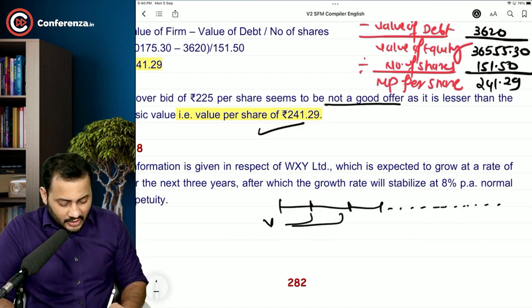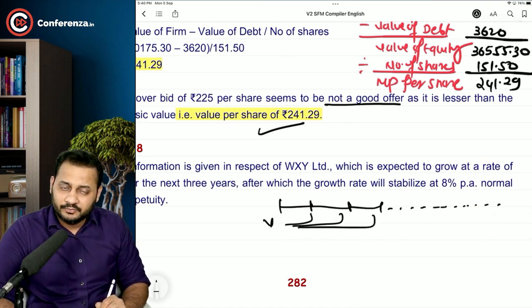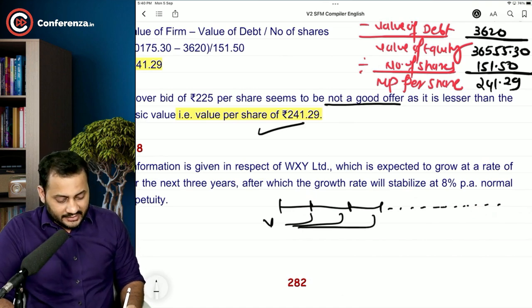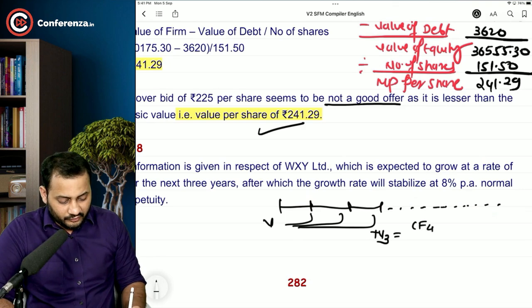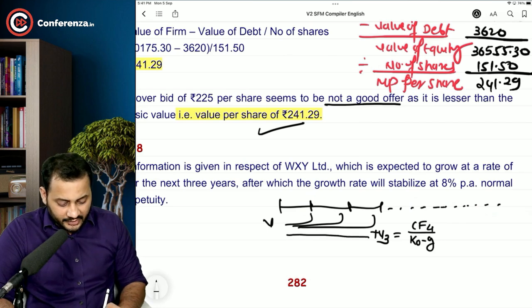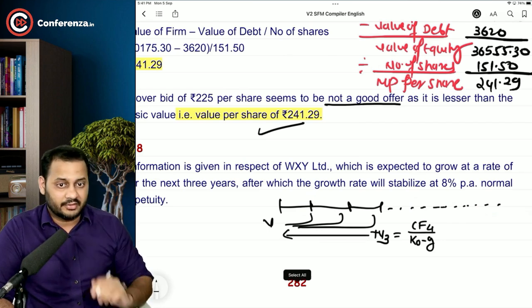You will have to discount all the three cash flows first, and second you will have to calculate terminal value at the end of year 3 with the help of cash flow for the fourth year divided by cost of capital minus growth, and again discounting it by the third year factor.